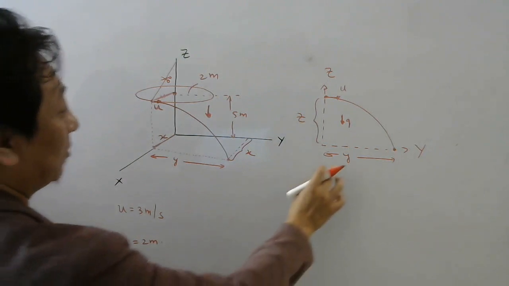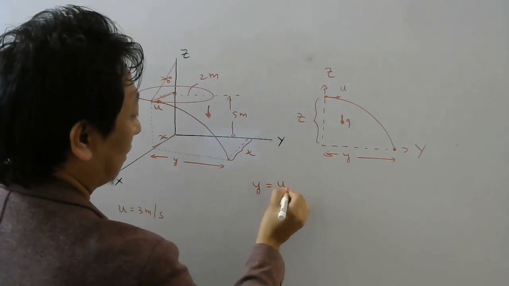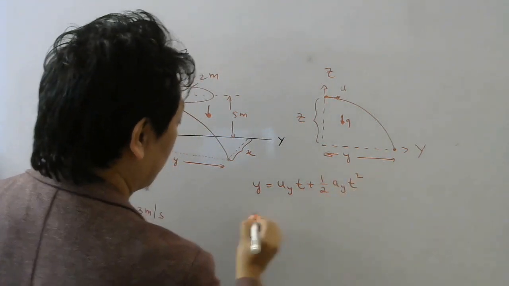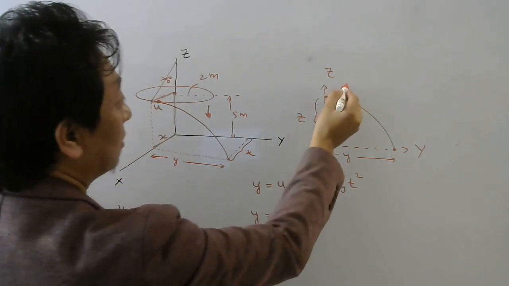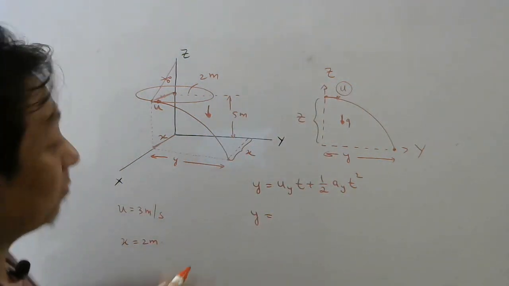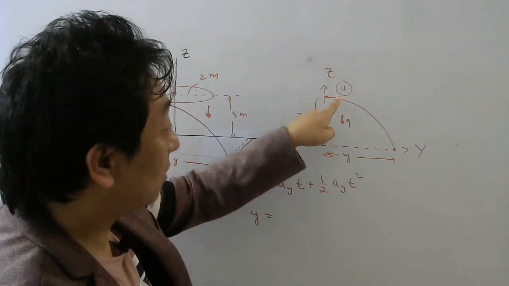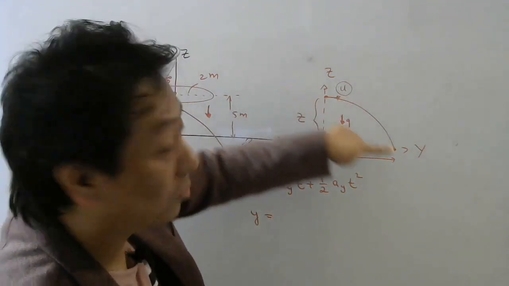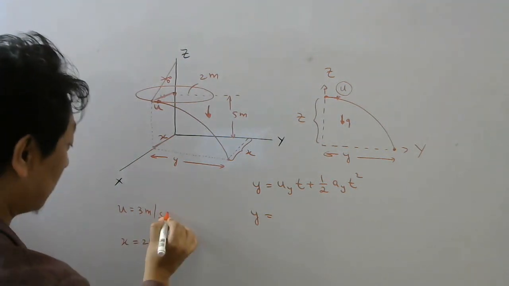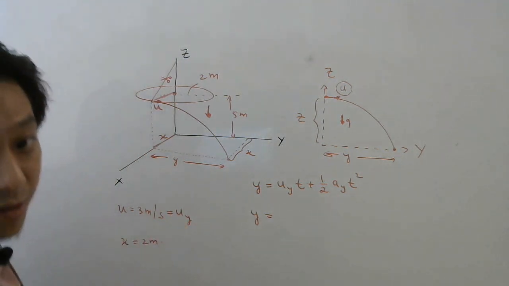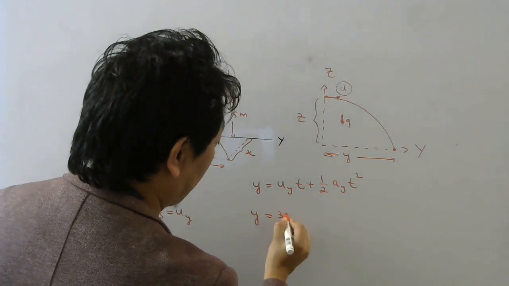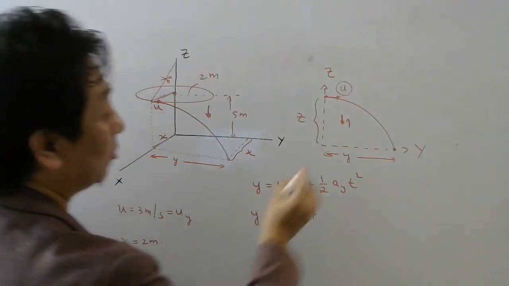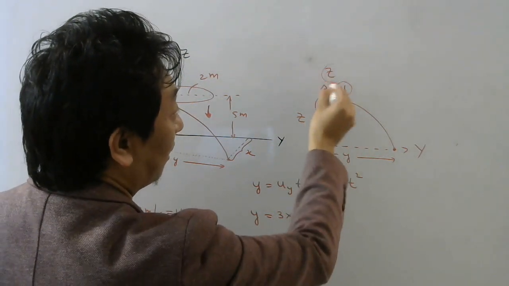So to find y, the formula for y I can write uy t plus half ay t square. So y will be, now uy, you can see this initial velocity is completely parallel to y axis. So this itself is your y component of velocity because it is parallel to y axis. So this itself is your uy, isn't it? So this is your 3. But the time taken from here to here we don't know. What about ay? Well, your acceleration is completely along z axis.